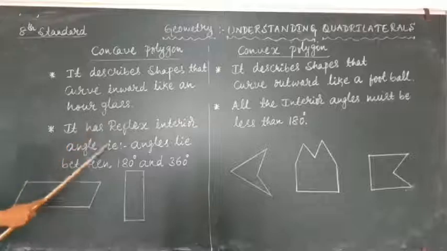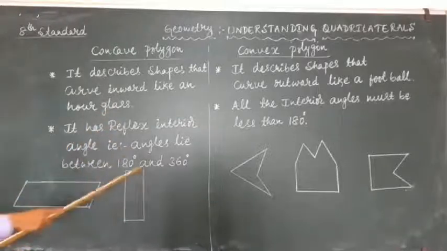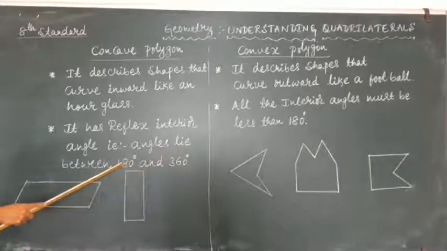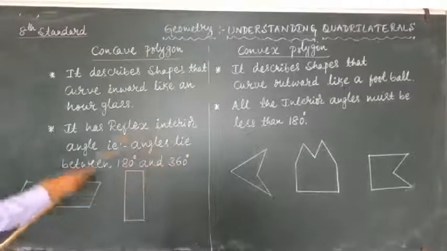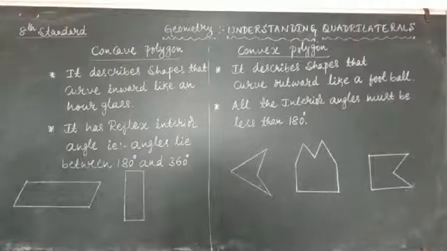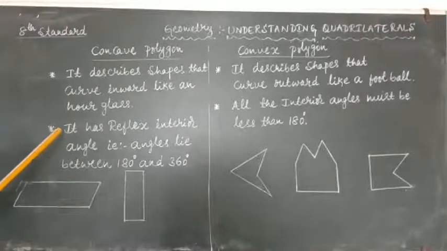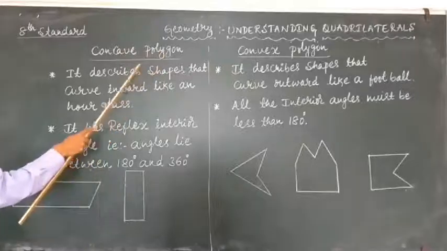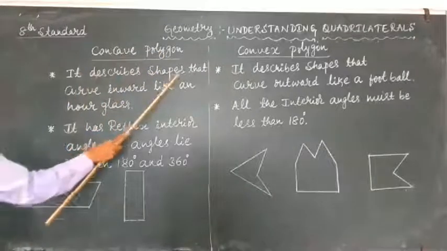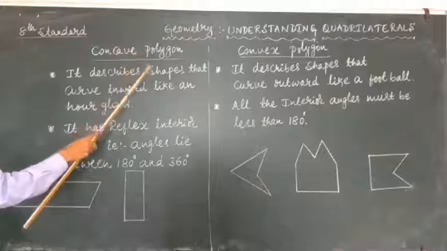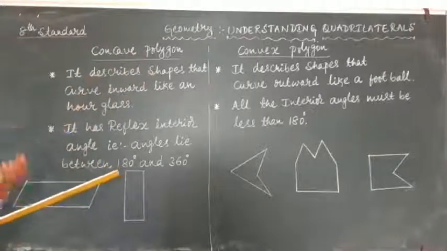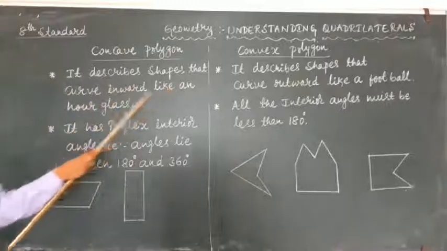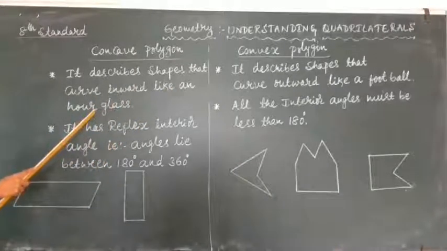Reflex interior angles, students, you are already familiar with that: the angles lie between 180 degrees and 360 degrees. Therefore, try to understand the concave polygon. This type of polygon has a shape that curves inward like an hourglass.